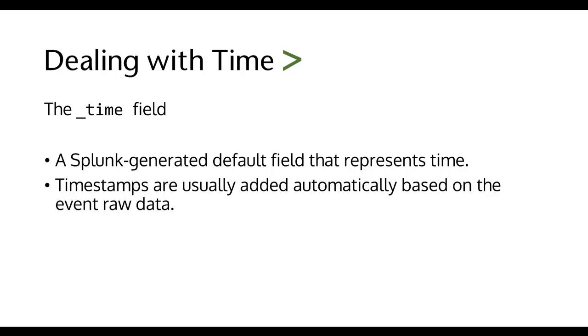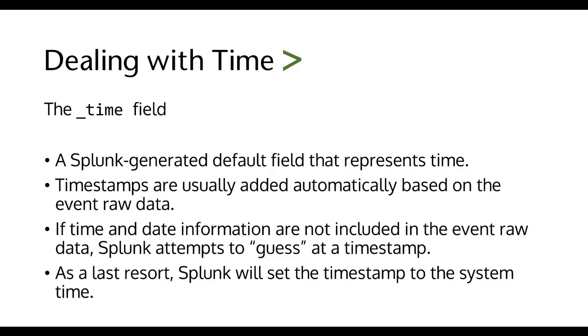And those patterns come from the raw event data. If there isn't an explicit time field, Splunk will try to guess which part of the data is representing time. And as a very last resort, Splunk will set the timestamp to the current system time. So there's no event left behind when it comes to time. That's how important time is.